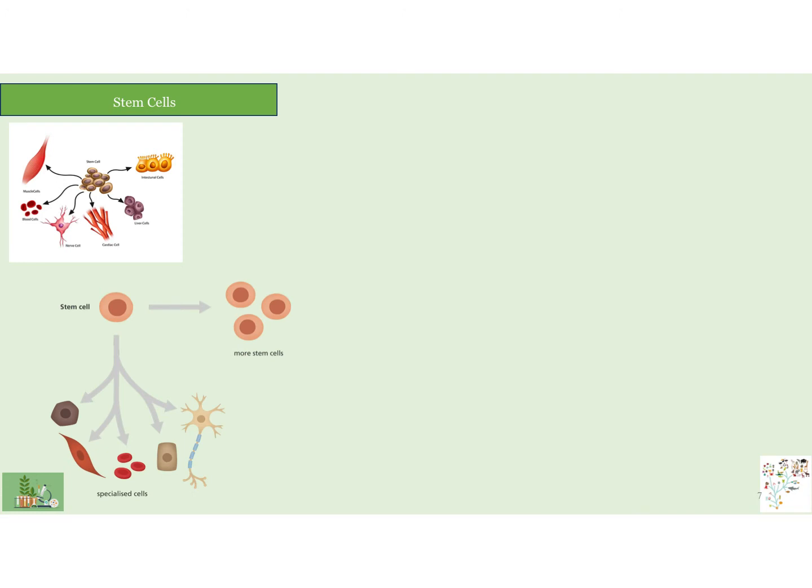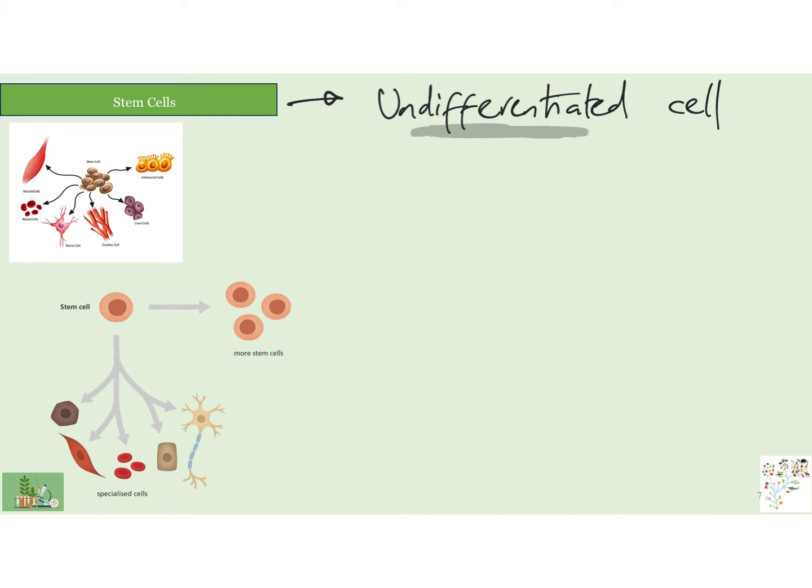The main focus then of this video is going to be looking at stem cells. So a stem cell is an undifferentiated cell. If you look at that word again, undifferentiated, which means it is not different.